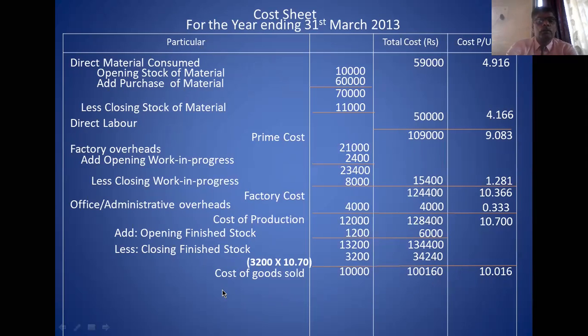The next stage is selling and distribution expense. Selling and distribution expense is 80 paise per unit. That is given in the problem. How many units you have to take? This is a complication. You have to take the units sold here, not produced.